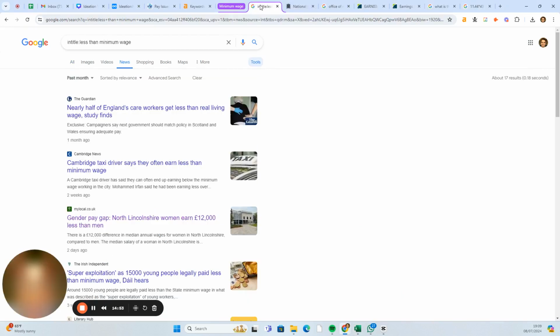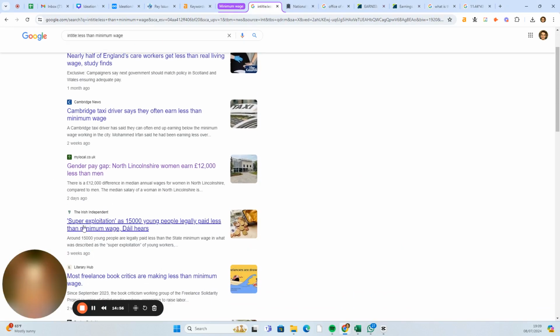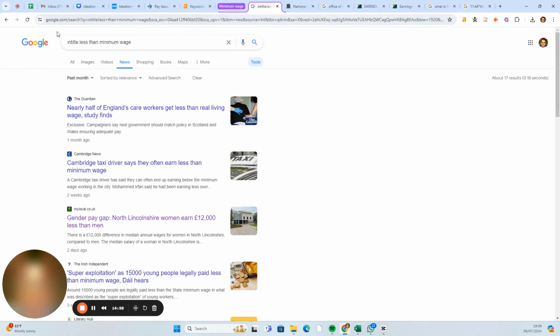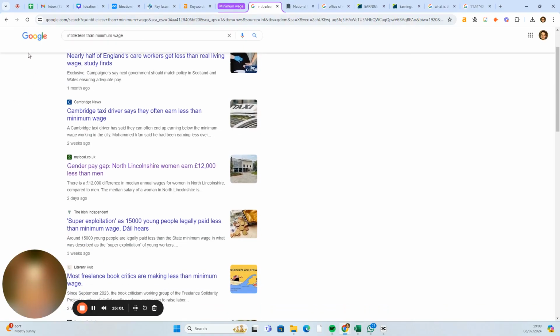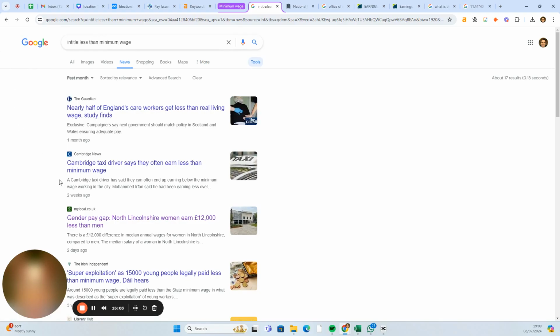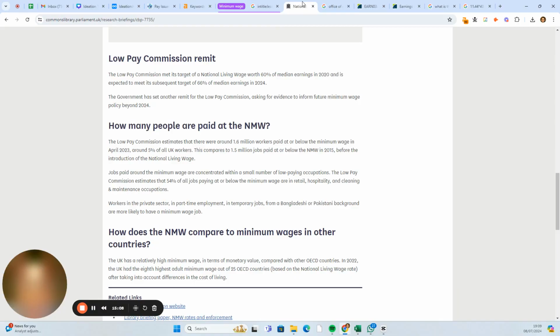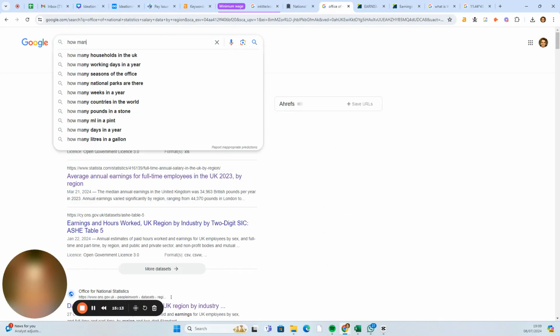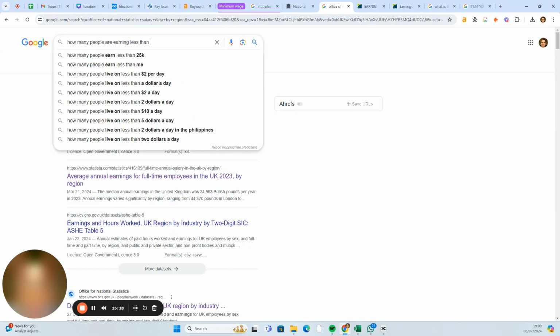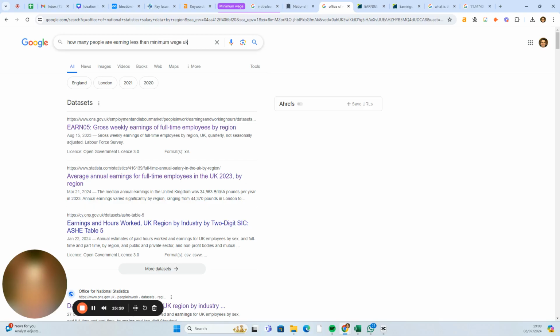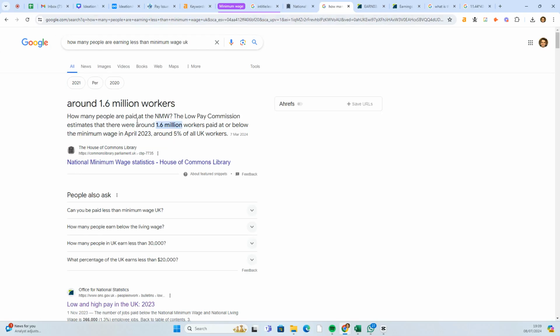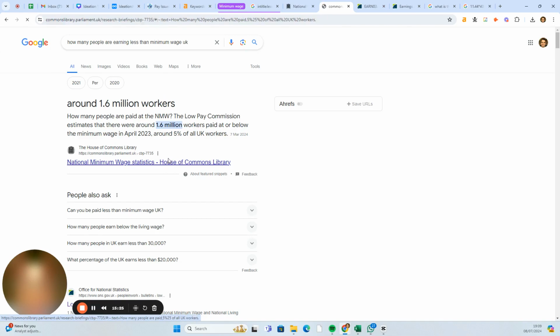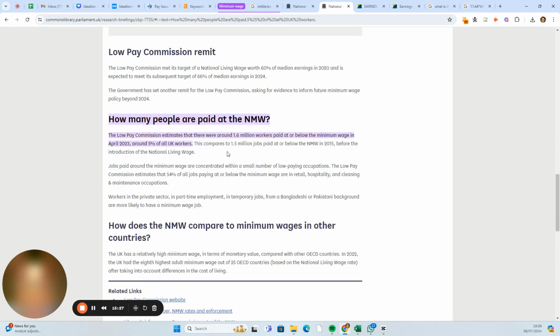But again, the key here is this demand. If you can see that journalists are writing about this, and are writing about this recently and in volume, and then you can also see that how many people are earning less than minimum wage UK, the answer just isn't good enough.